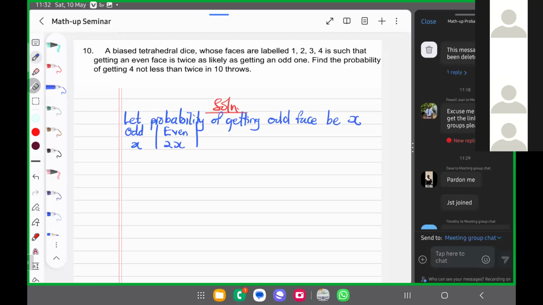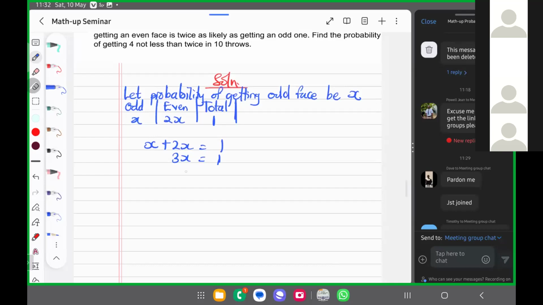If I sum up those two probabilities, I get a total probability of 1, because you only have two options, odd faces and even faces. So probability of getting odd face plus even face gives me 1. So to find the value of X, I'll use that property. X plus 2X is equal to 1. 3X is equal to 1, and therefore X is equal to a third.